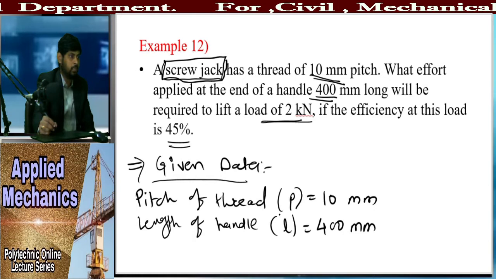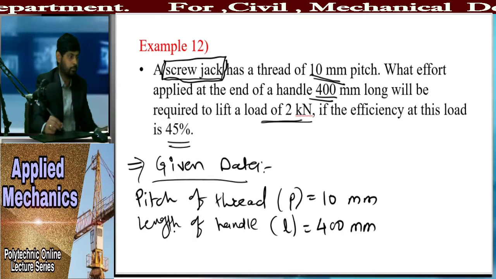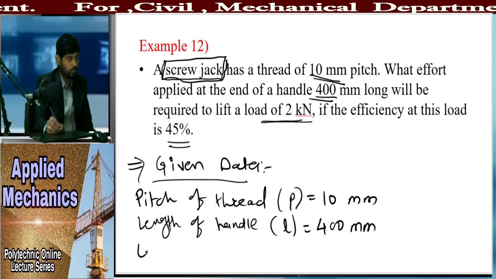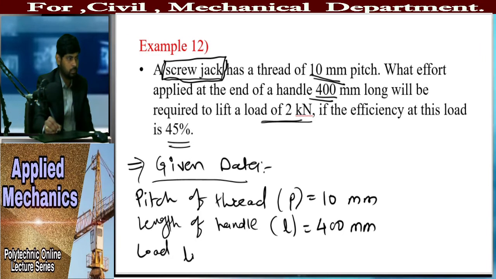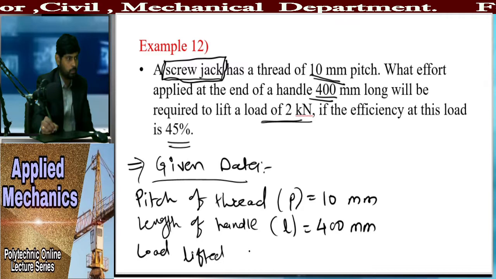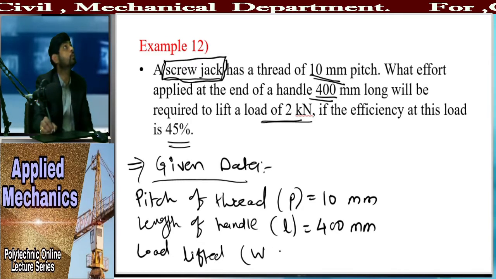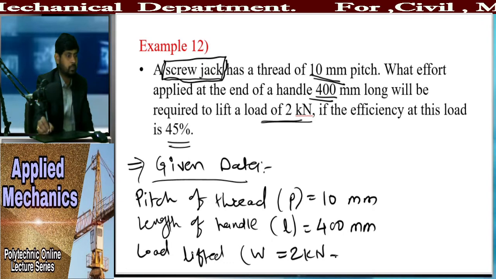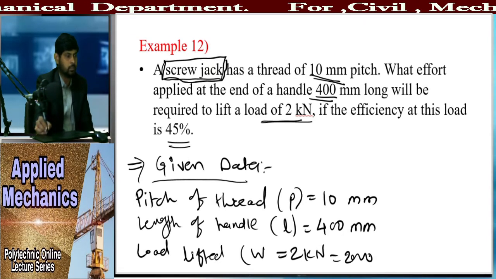Again, the load is also given. So the load lifted, that is W, is equal to 2 kilonewton, which is equal to 2000 newton.